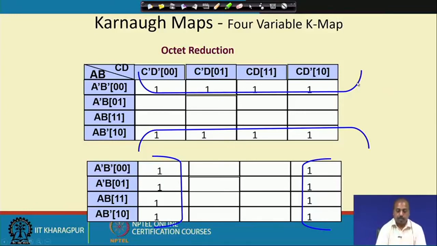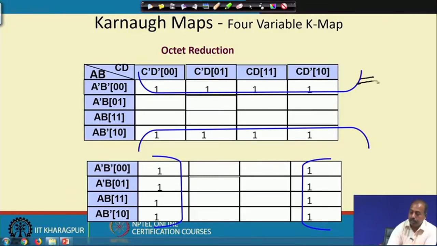So, what will be the minimized form for this octet? Here you see that between these two, A is changing its polarity from A bar to A. B bar is not changing its polarity, but C and D are changing their polarity. So, the whole expression for this one is B bar.